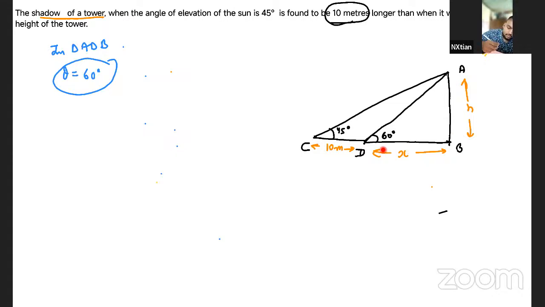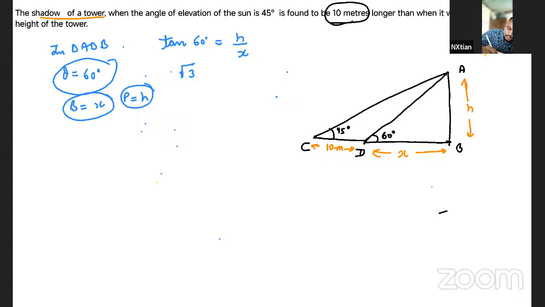So theta equals 60 degrees, base equals x, and perpendicular equals h. So because only perpendicular and base are needed, I will write tan 60 degrees equals h by x. The value of tan 60 degrees is root 3, so root 3 equals h by x. So x root 3 equals h.